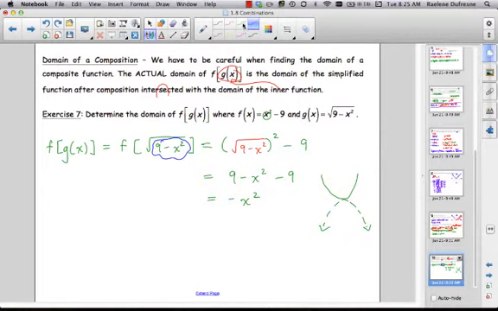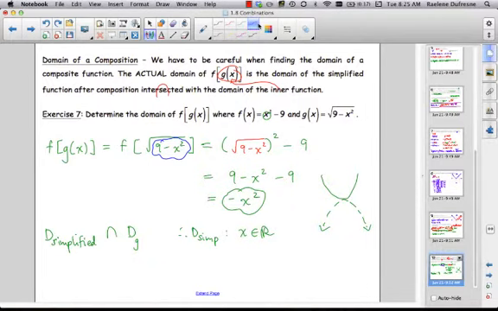The domain of the outer, or the simplified function, intersecting with the domain of the inner function, in this case g of x. So let's get the domain of each of those separately. The simplified function has a domain of x contained in the reals.